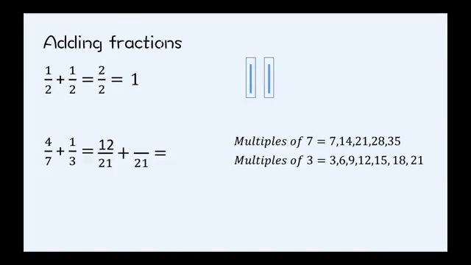The same goes for the 1/3 example. We multiplied the bottom, the denominator, by 7 to get to 21. To keep everything the same, we also need to multiply the top by 7. So that means 7 times 1 equals 7. Now we have common denominators and we can simply add the top numbers to get 19 on 21.